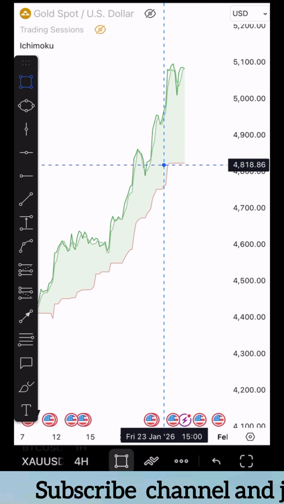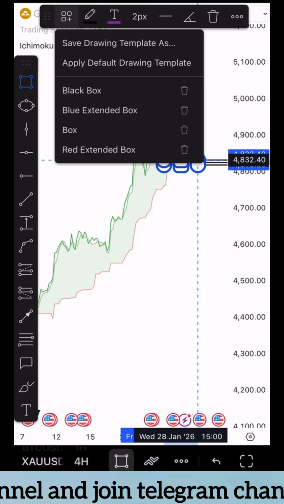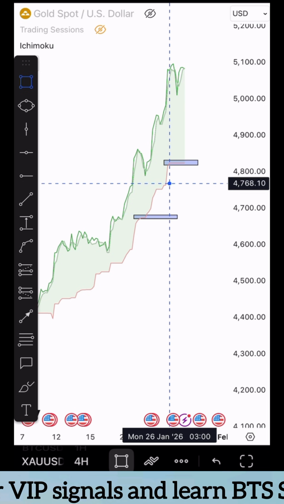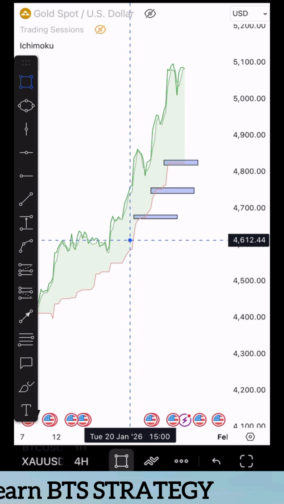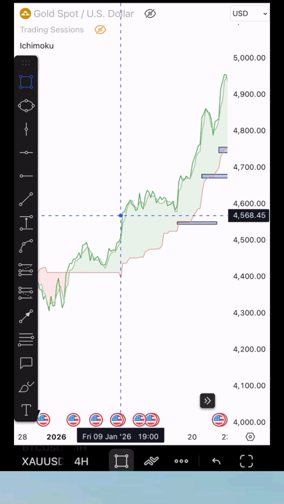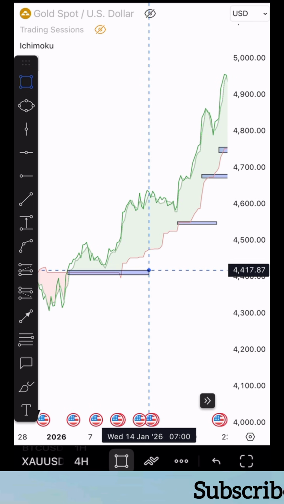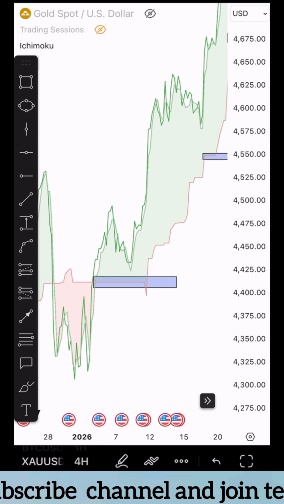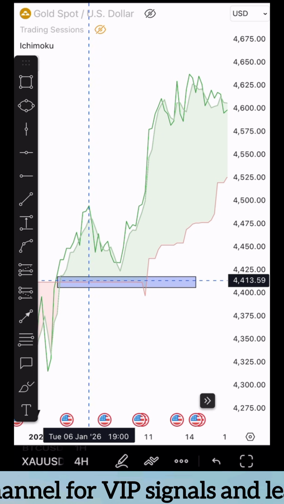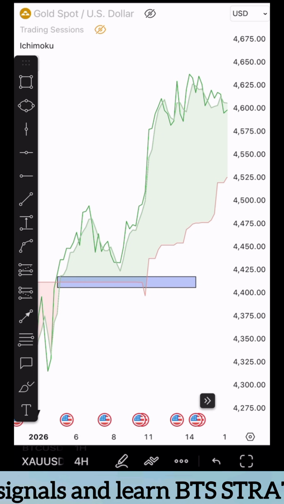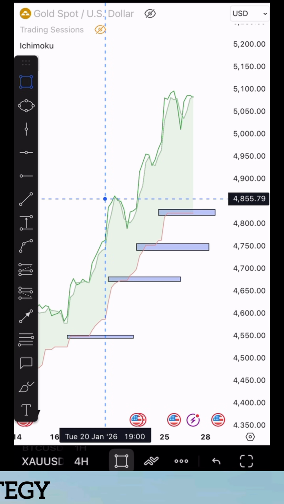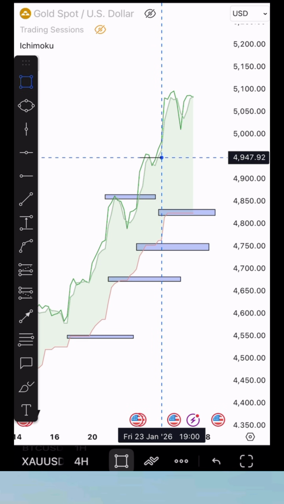You've got support and resistance here, and support, and so on. When it creates a long support area, this becomes our strong point. And then obviously you've got resistance, here, here and here.